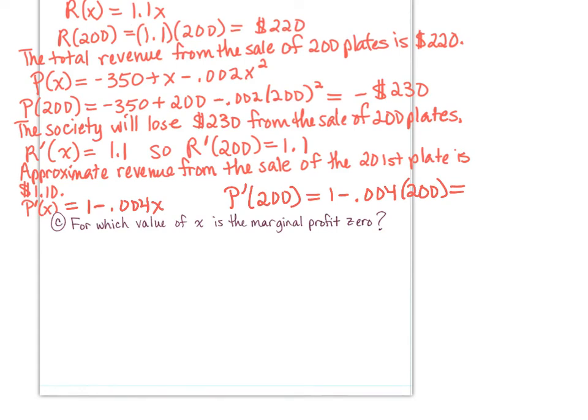Or 0.20? So that means that the approximate profit from the sale of the 201st plate is 20 cents.